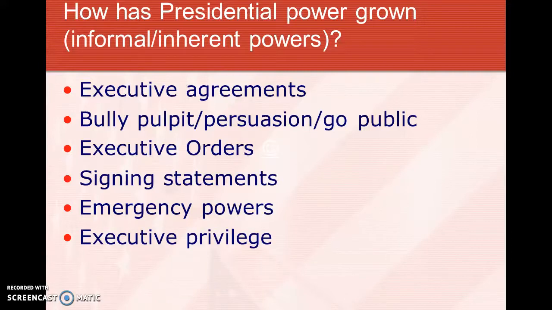Executive privilege. This is a tough one for people. It's hard to understand because it's incredibly narrow. What executive privilege means is that presidents are not above the law, except when they are above the law. So there are times when the American president might not have to comply with the law, or with some kinds of orders. For example, if you or I were issued a subpoena, we would have to show up to court and be required to testify.